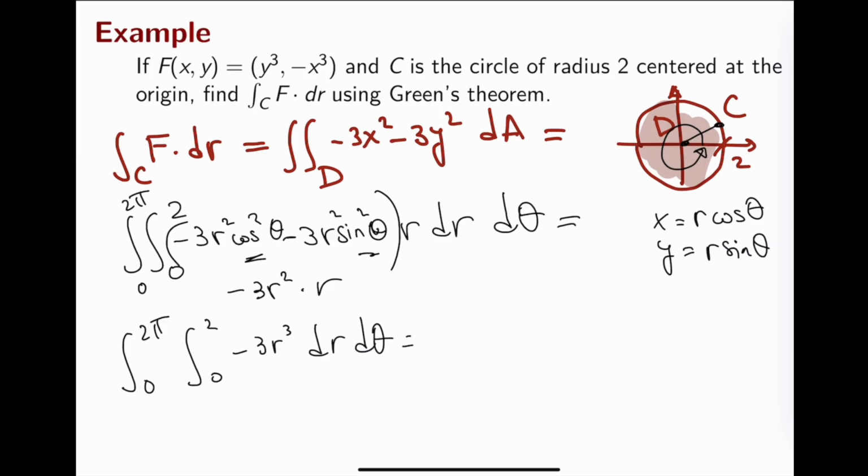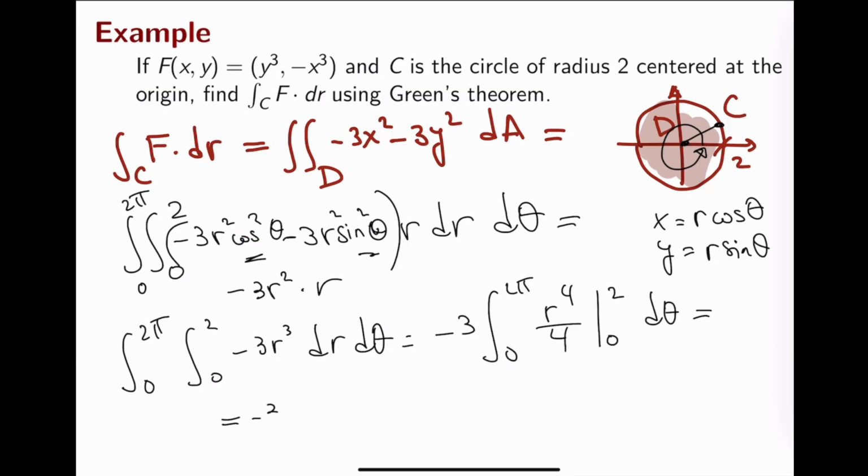And now we can take the minus 3 outside of the integral, and let's integrate this with respect to r. So this is going to be r to the fourth over 4, evaluated between 0 and 2. So let's do this evaluation now.